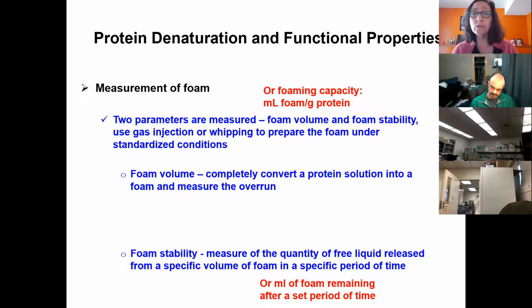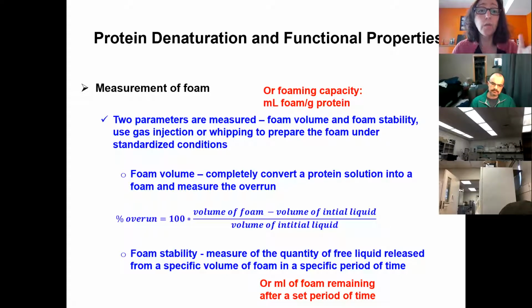Ways to measure the foam. We can measure foaming capacity, where we make the foam, measure the amount of foam formed, and calculate milliliters of foam per gram of protein. Or we can do the overrun, which, for ice cream, is the volume of the foam minus the volume of the initial liquid before the foam is formed, divided by the initial liquid volume.